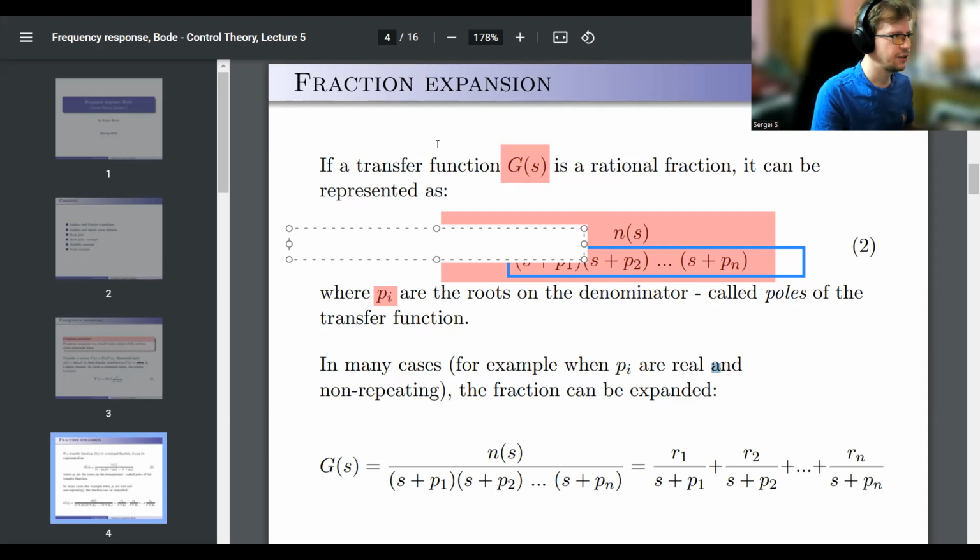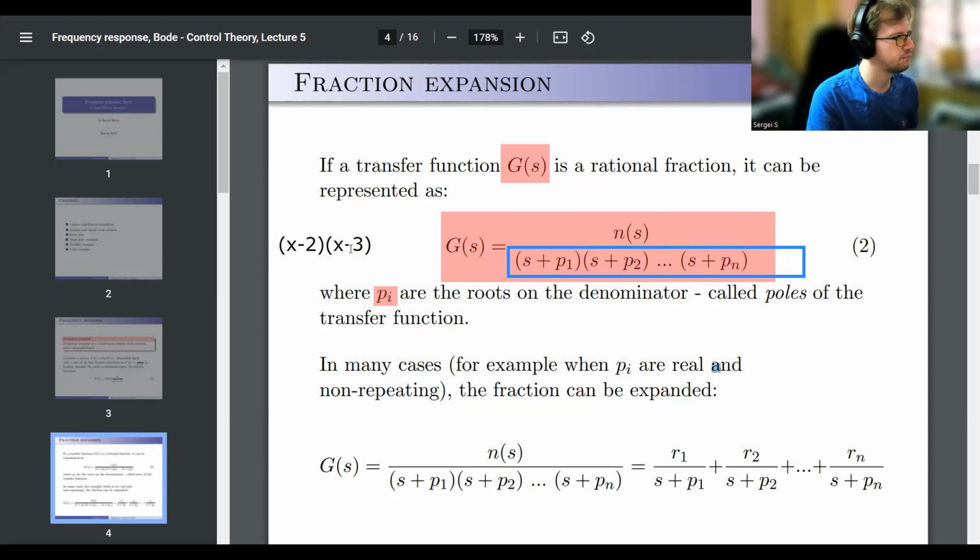So let me just give an example. You can remember something like this as an example of a polynomial of the second degree, right? This would be x squared minus 5x, I believe, plus 6. Something like that.